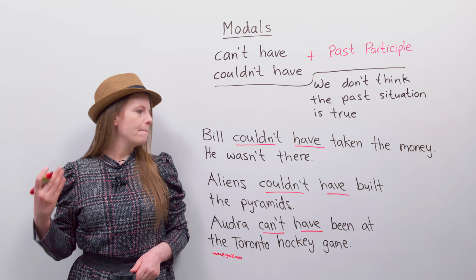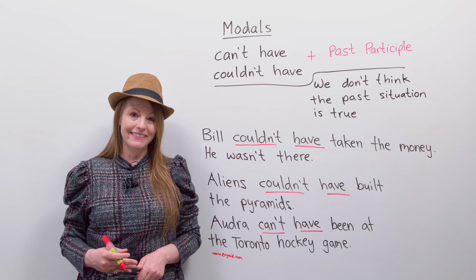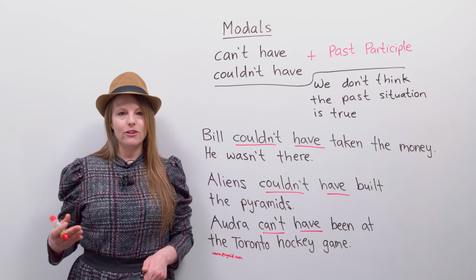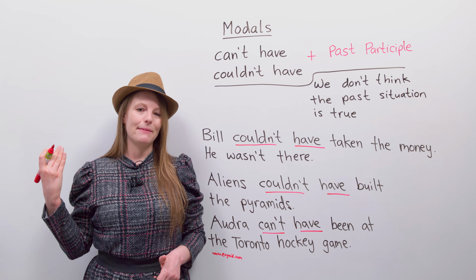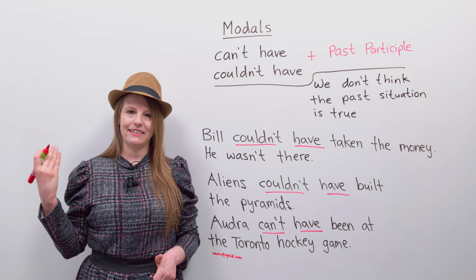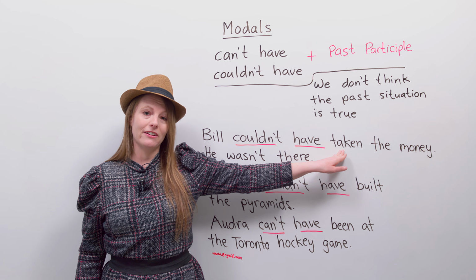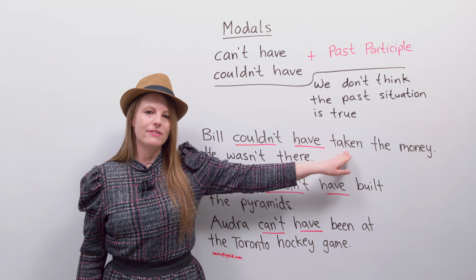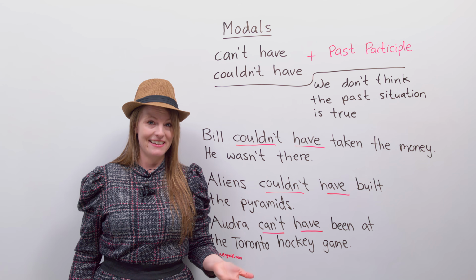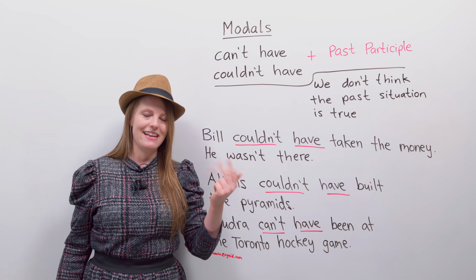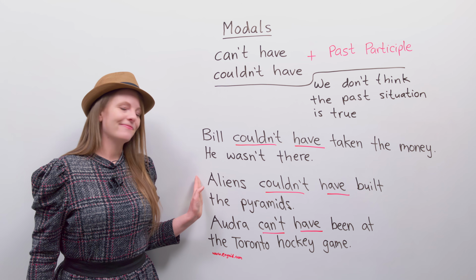So I can say Bill couldn't have taken the money because Bill was sick. So here's an example of a situation that happened in the past, and I'm saying I don't think Bill did it. And notice we have our past participle here, taken. So taken is the past participle of take. Take, took, taken.